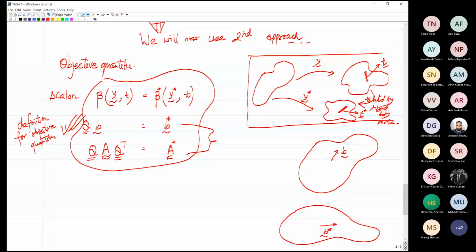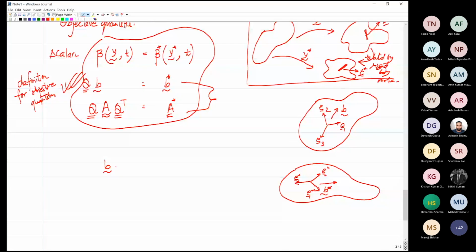As the body rotates, the frame is also going to rotate, so it becomes e1 star, e2 star, and e3 star. So let us try to find out what is b dot ei and b star dot ei star.